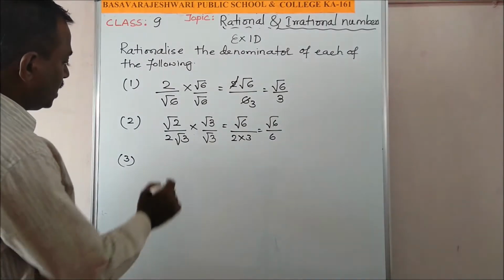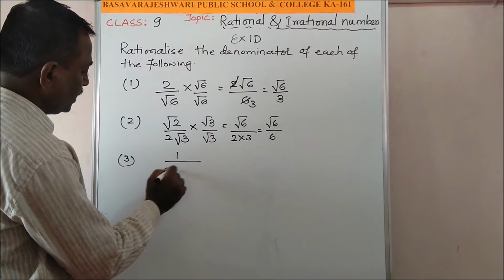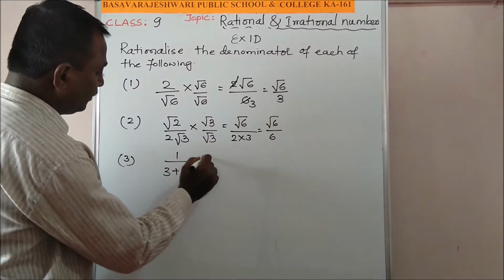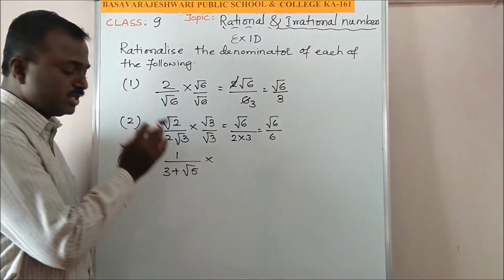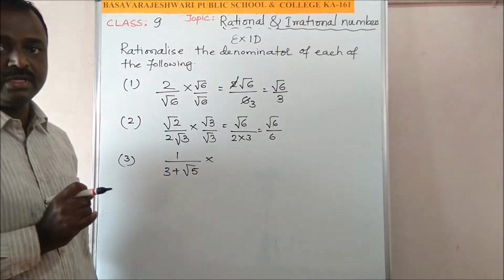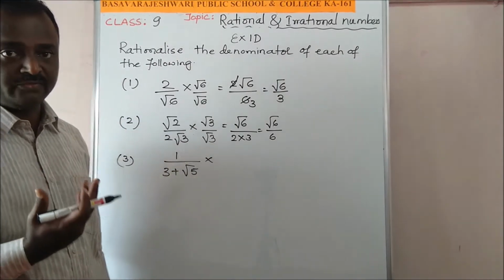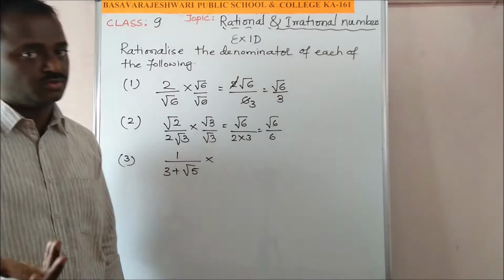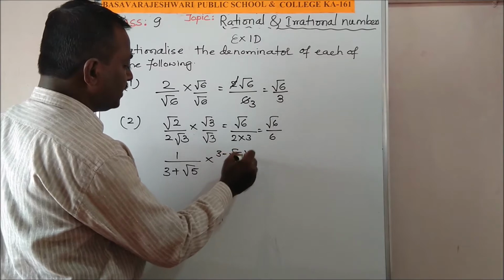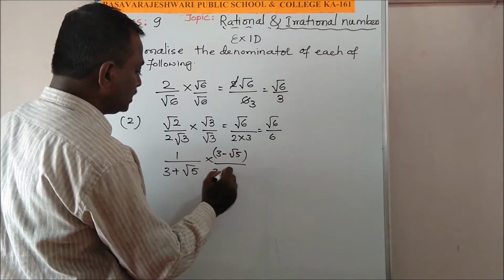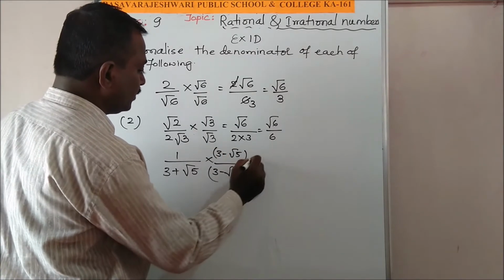Now third one, 1 by 3 plus root 5. I told, what is the rationalizing factor of 3 plus root 5? The rationalizing factor of 3 plus root 5 is 3 minus root 5. So I have to multiply the numerator with 3 minus root 5, and the denominator also with 3 minus root 5.